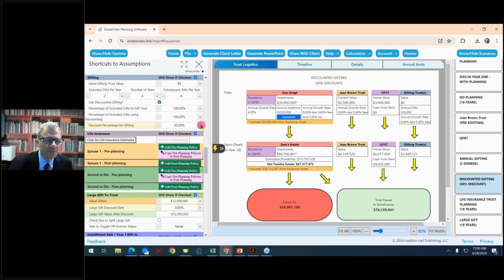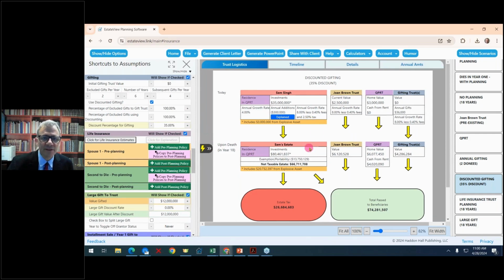If I click up from 30 to 35, you see that number go from 26.3 million to 26.8 million. You see the gifting trust go up as well with the higher discount. So as you make changes on the left, your picture in the middle immediately changes.